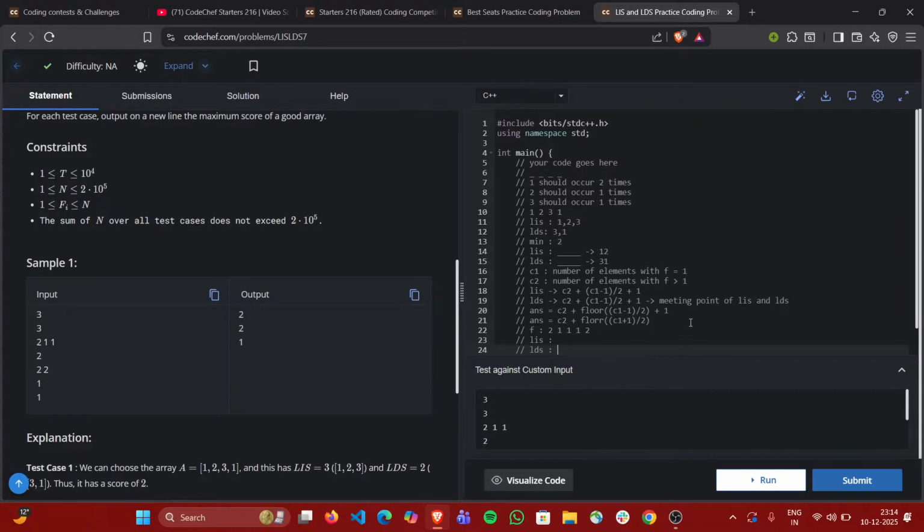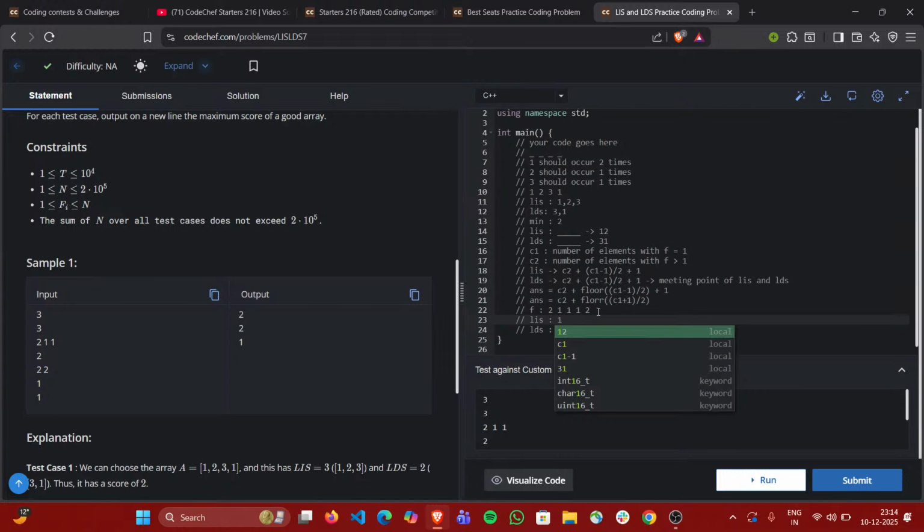So I can see that 1 can be assigned to both LIS and LDS, right? So I assign 1 here and I also assign 1 here. And then again, this 5 can also be assigned both sides, right? So I can assign it in this way.